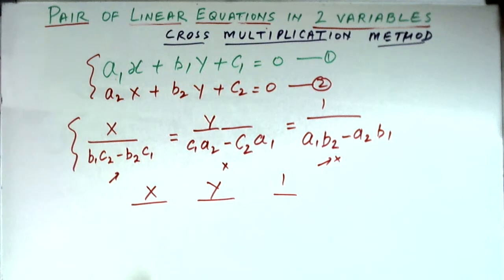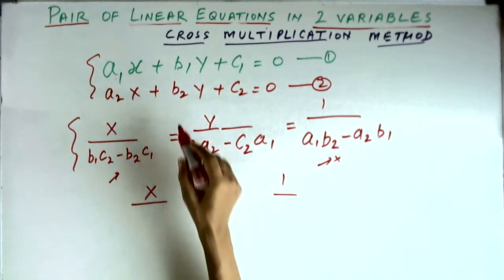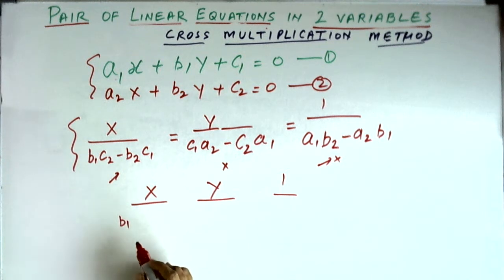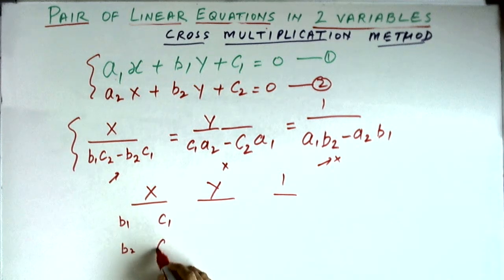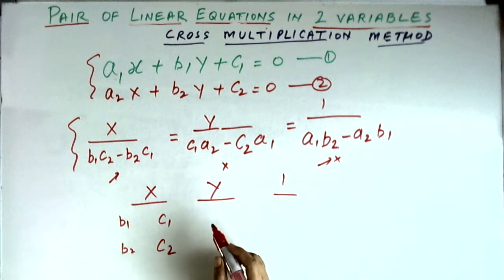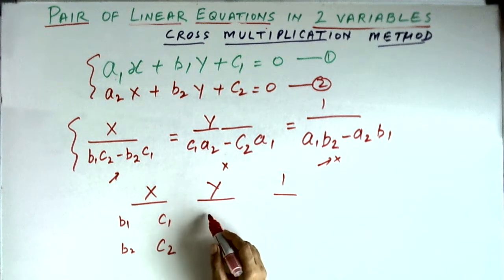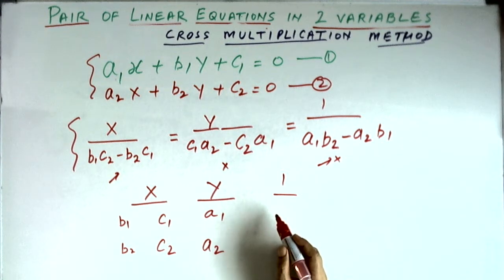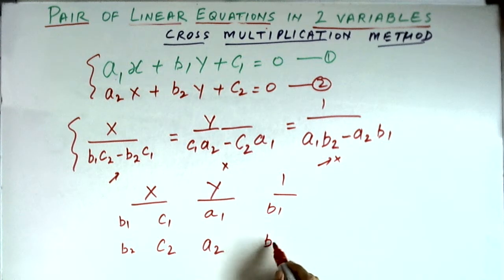For writing the cross multiplication, we first write b1, b2, c1, c2, then a1, a2, and then again b1, b2.